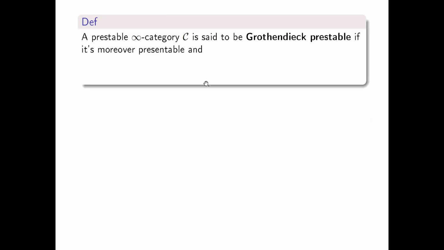So now you're seeing what Grothendieck pre-stable is. Maybe a word or two about what I mean by pre-stable infinity category. You start with an infinity category C, and it admits finite colimits, and it's pointed and all that.